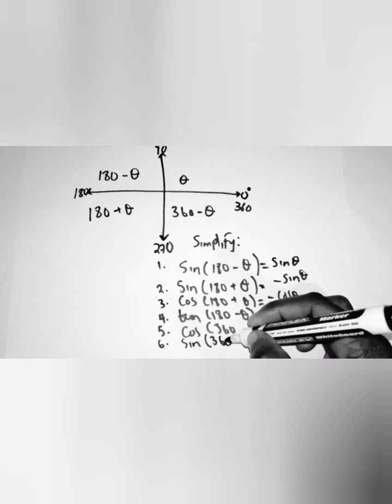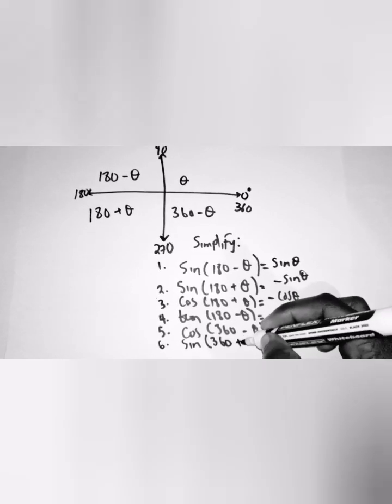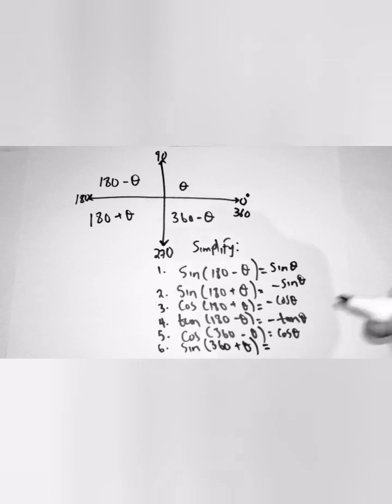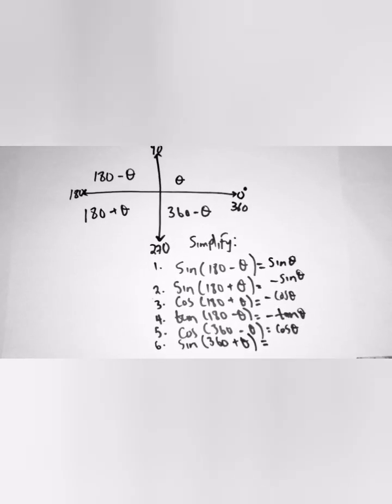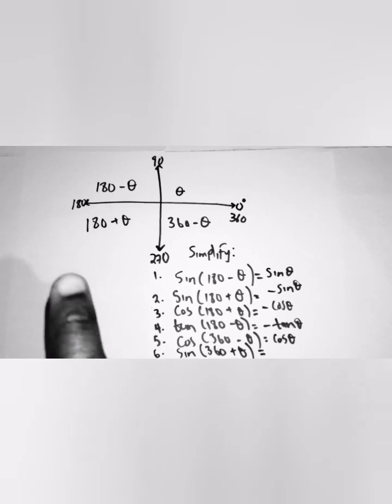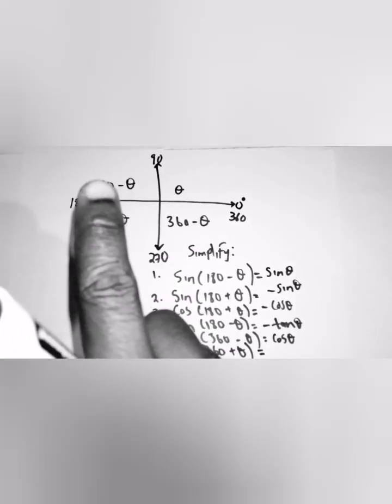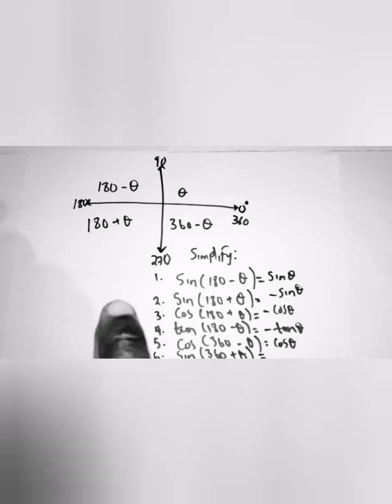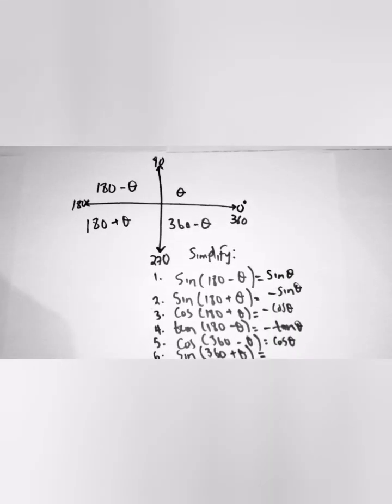Now the sixth one, we have sine of 360 plus theta. Now they say simplify it. Sine of 360 plus theta is in the first quadrant, and in the first quadrant all of them are positive, and sine is positive in the first and the second.